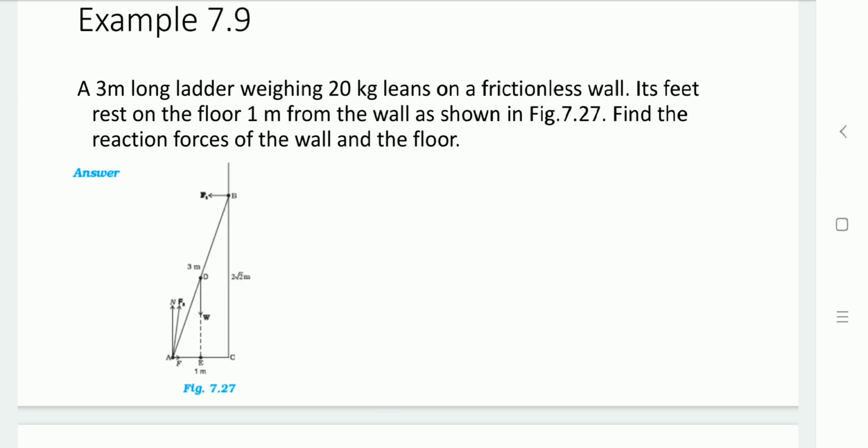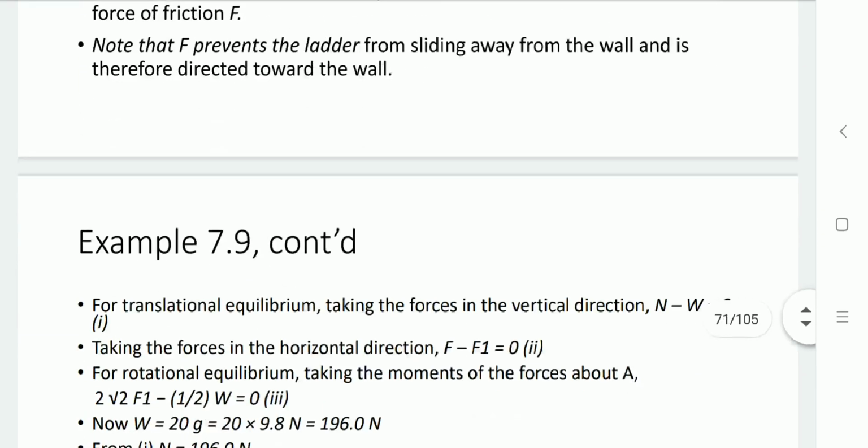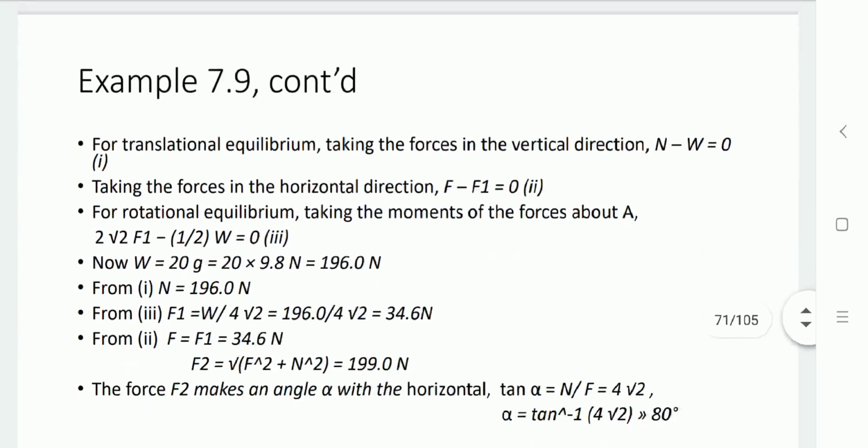Now for rotational equilibrium, moments of the forces about A: 2√2 F1 minus 1 by 2 W equals 0. Here W equals 20 g, so 20 into 9.8 Newton, that is 196 Newton.